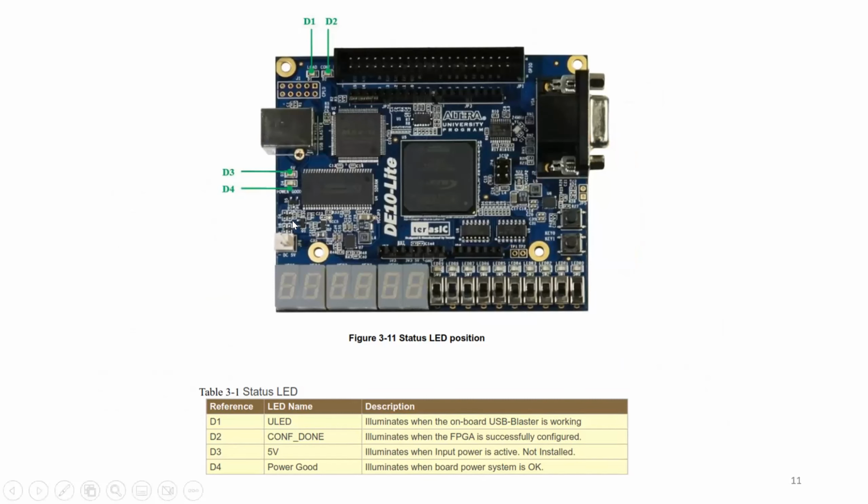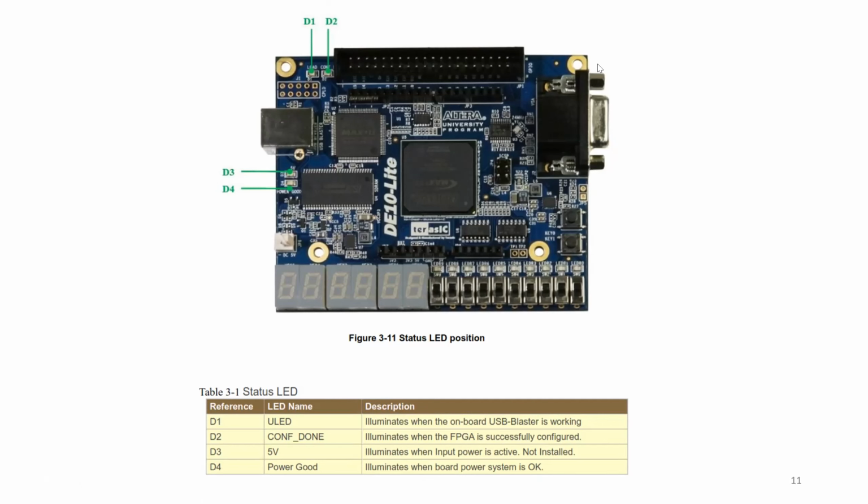Now let's go little by little and see what we have. We have here 4 LEDs. 1, 2, 3, 4. The first one, Eric, would you please read the first one?